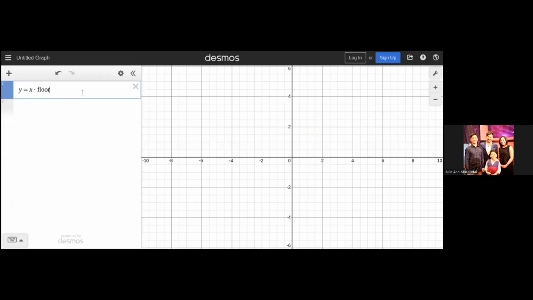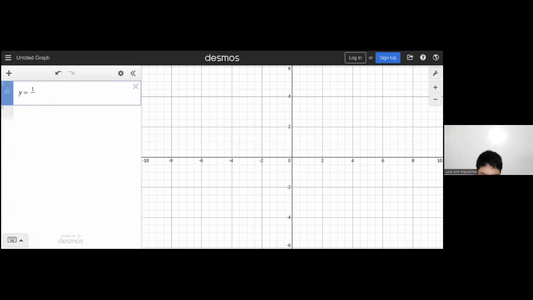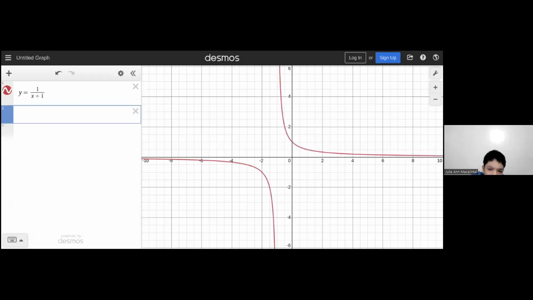The first function is y equals 1 over x plus 1. The second function is y equals x squared. Using those two functions, let's call the first function f, and the second function g.